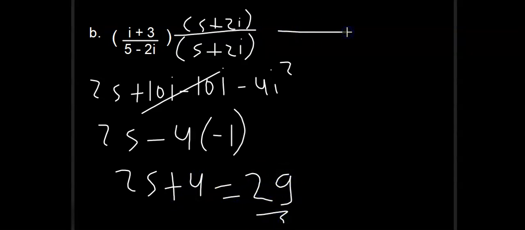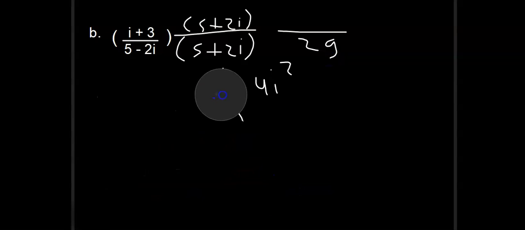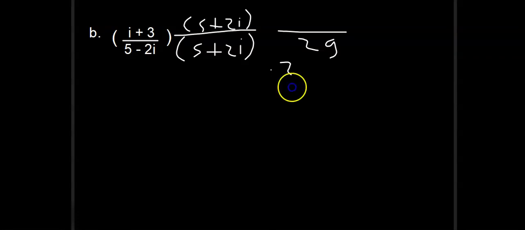So let me put it over here and erase this part. Okay, now we're done with the denominator. So now let's do the numerator part and see what we get. So i times 5 is 5i, and then i times 2i will be positive 2i squared, since we've got these two i's.